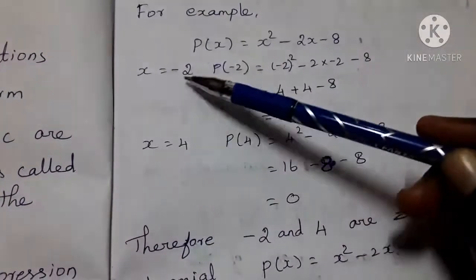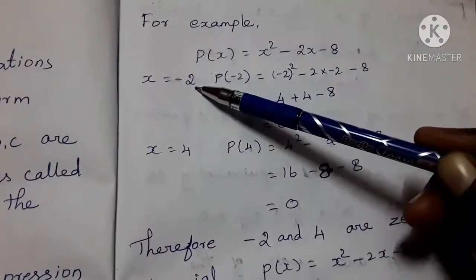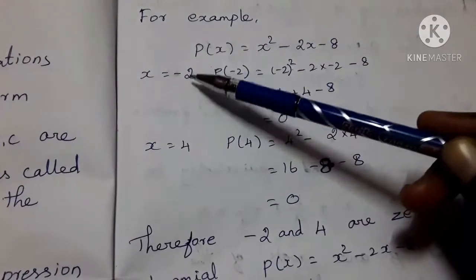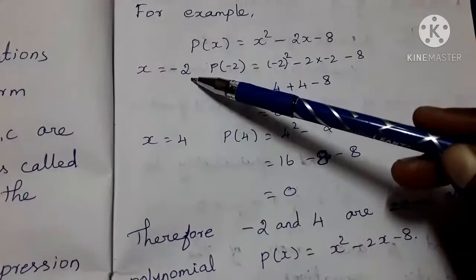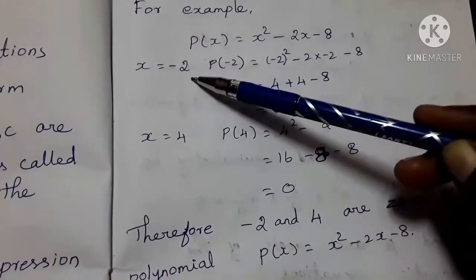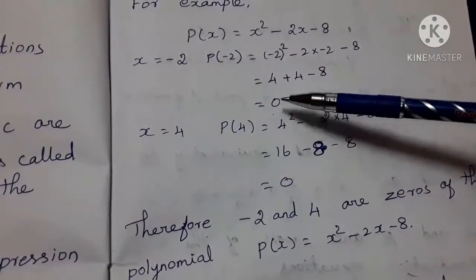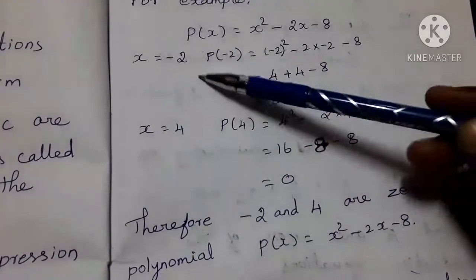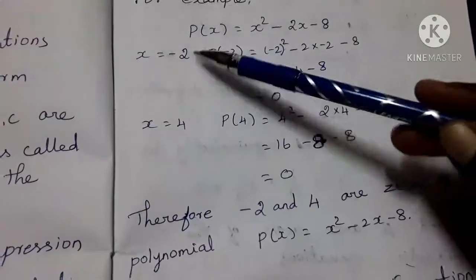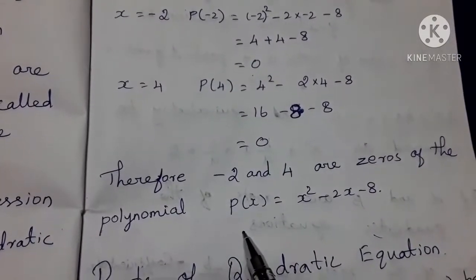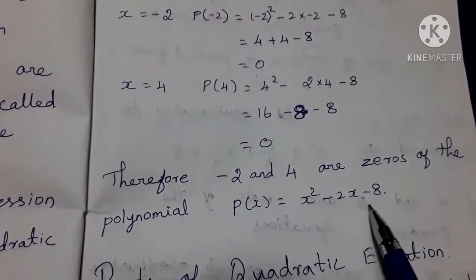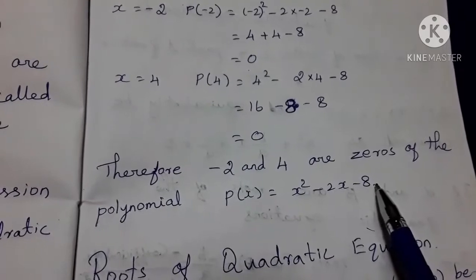So the values we put into the polynomial that give 0, minus 2 and 4, are called zeros of the polynomial p of x equal to x squared minus 2x minus 8.